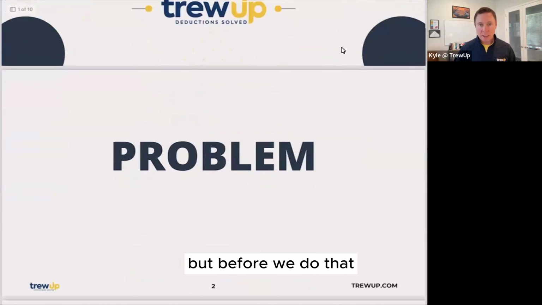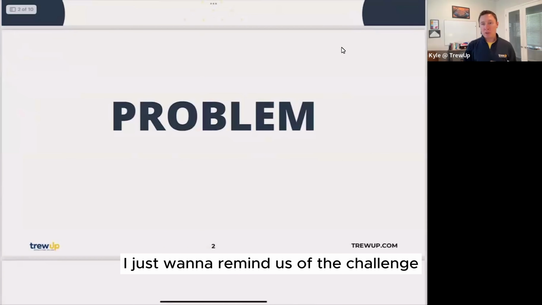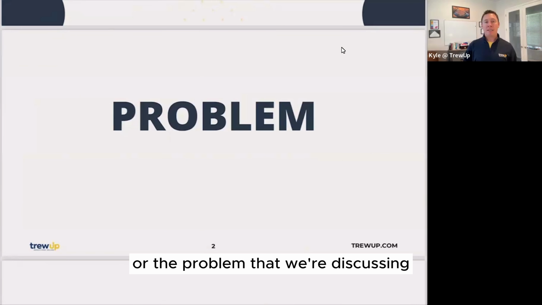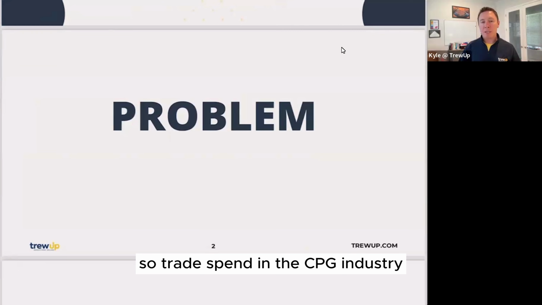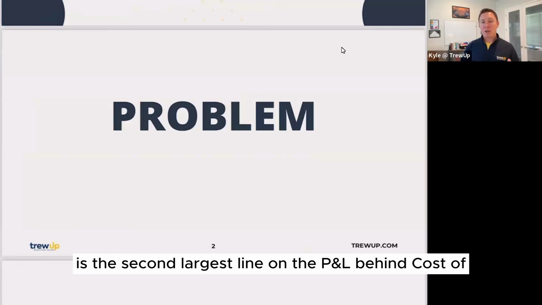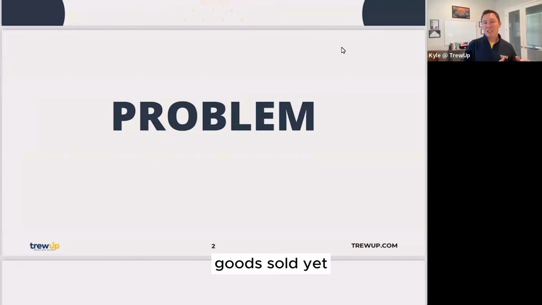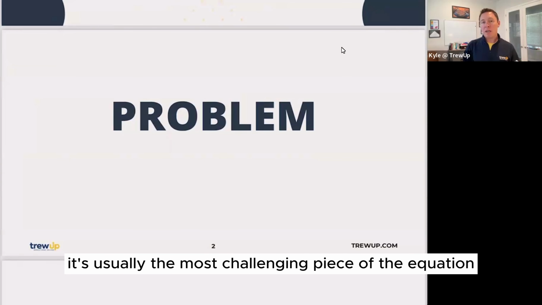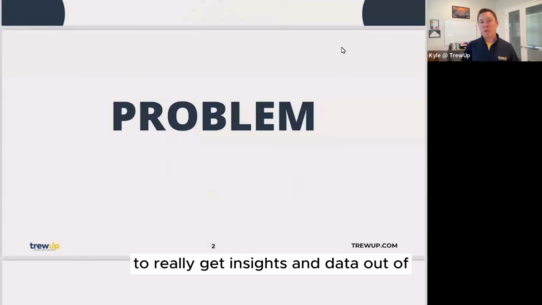But before we do that, I just want to remind us of the challenge or the problem that we're discussing. Trade spend in the CPG industry is the second largest line on the P&L behind cost of goods sold, yet it's usually the most challenging piece of the equation to really get insights and data out of.